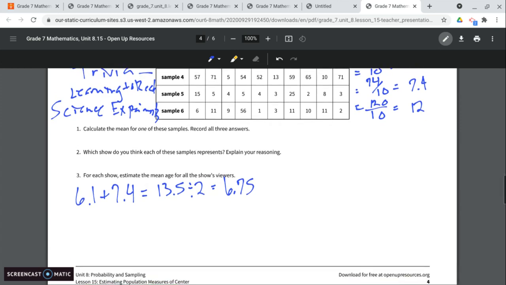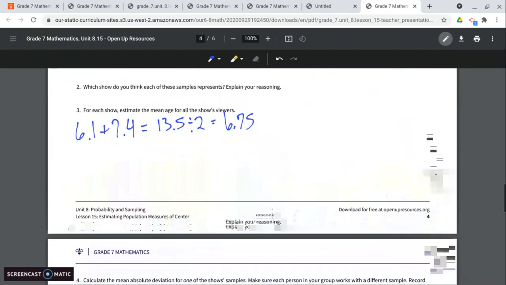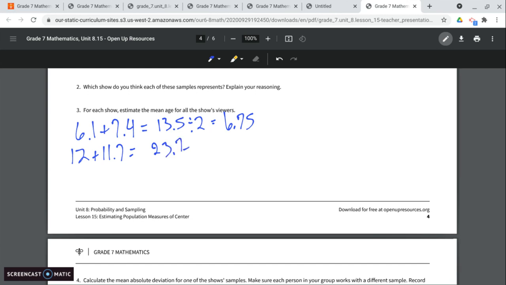So then science experiments, we have 12 and 11.7, which is going to give us 23.7 divided by 2, which will give us 11.85, so about 12 years old.